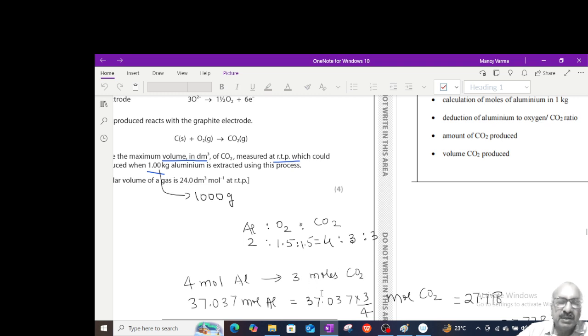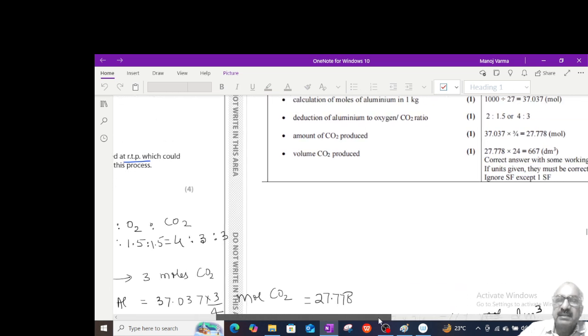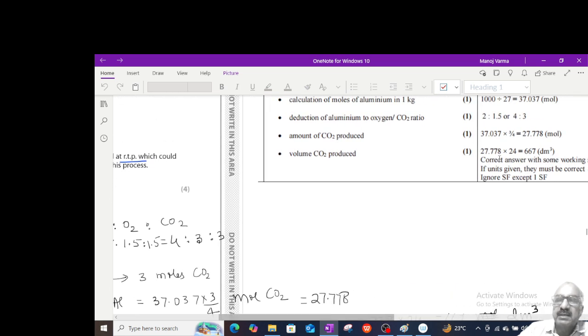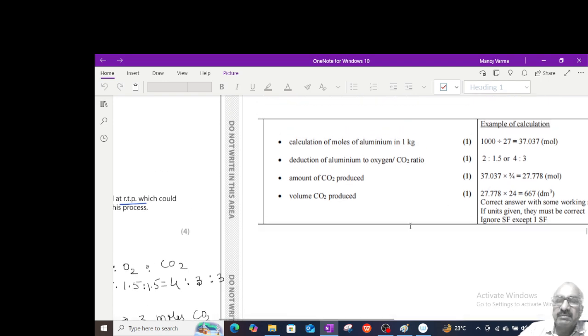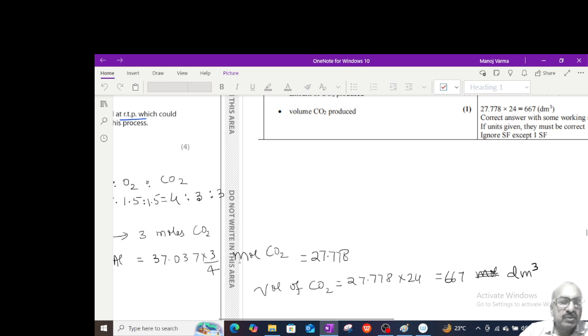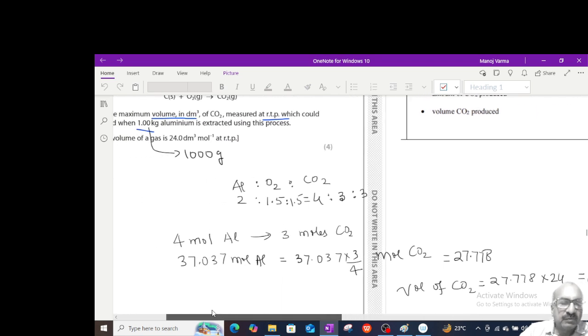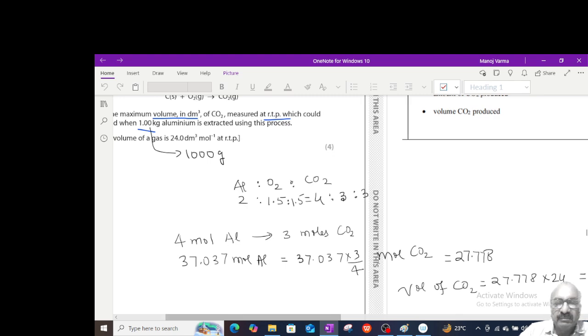So how many moles of aluminum did we have? We had 37.037 mole of aluminum. By cross multiplication we can get the moles of carbon dioxide, which is 27.778.